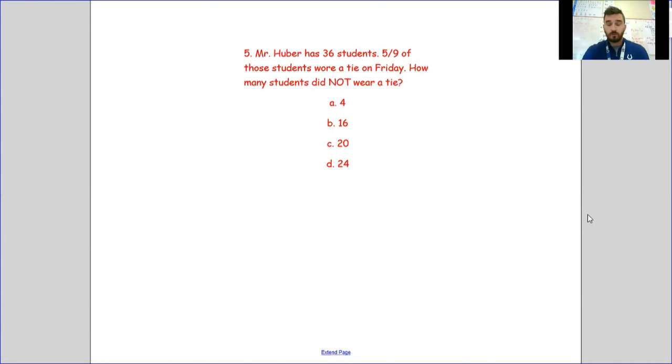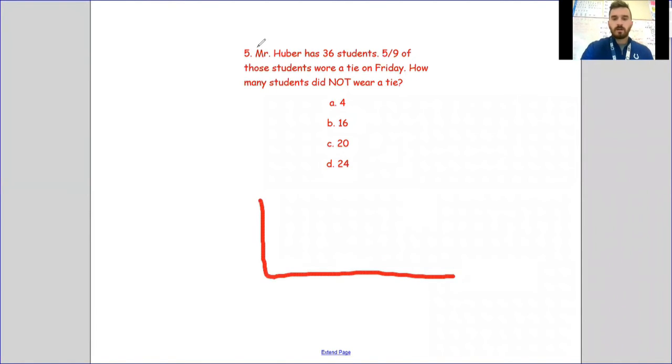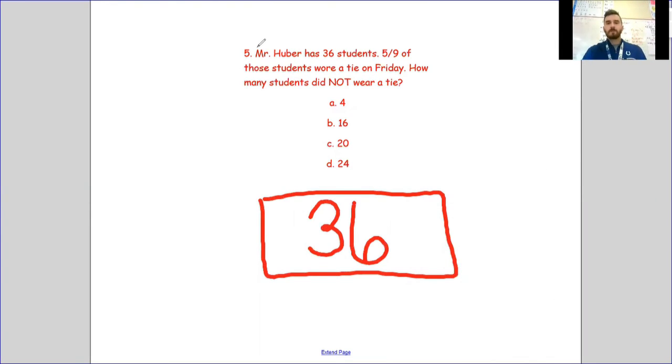And the picture that I'm going to draw should look familiar because I've told you before, anytime that I'm finding the fraction of a whole number, I draw the same picture. Here are my 36 students. All right. And since it says 5/9 of them wore a tie, I'm going to take my 36 students and split them into ninths.